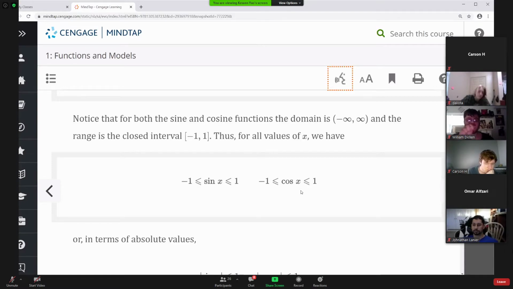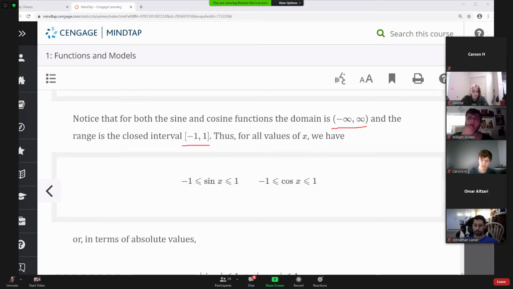But the range for sine is from negative 1 to 1, and the same for cosine. You have to remember this basic stuff from Math 1126. The domain for sine and cosine is from negative infinity to positive infinity, and the range is the closed interval from negative 1 to 1.